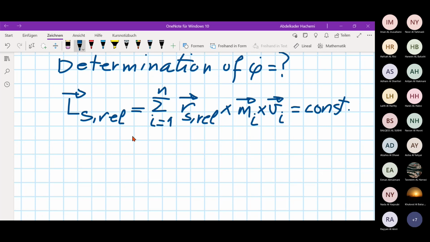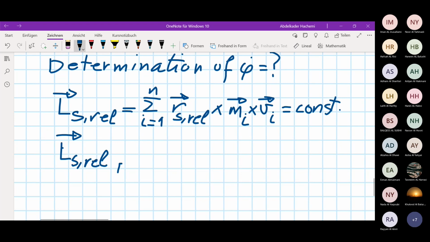Now if we do this, then we get here LS relative, and this is before the impact.